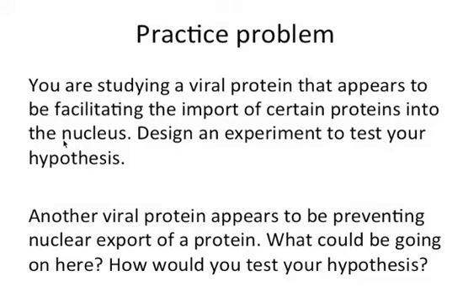Yes. Can you explain the possible piggybacking? Say the protein does not have an NLS, but it binds to a protein with an NLS. Right. So if you don't have an NLS and a viral protein has an NLS, it can force a protein into the nucleus. How would that work? Yes. It would find a way to bind to the protein, and then it would bind the importin. Yeah, exactly.